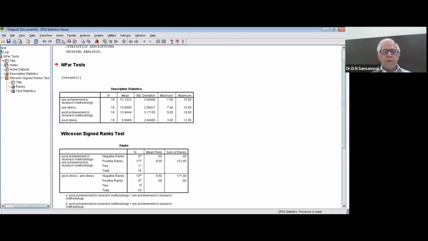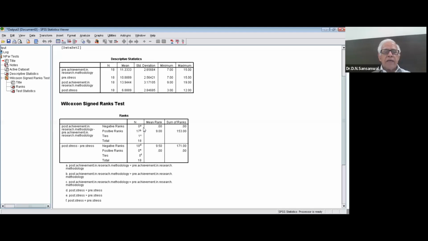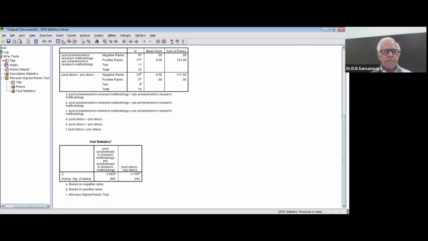Now, here you can see their negative ranks and their positive ranks. And this is for the achievement. And for the stress, these are the negative ranks, and these are the positive ranks. And now you can see here, this is the Z value for the post-achievement in research methodology and pre-achievement in research methodology.